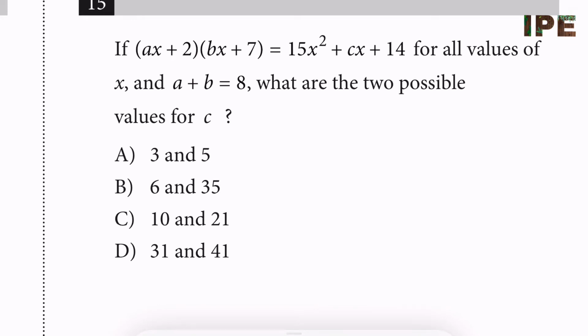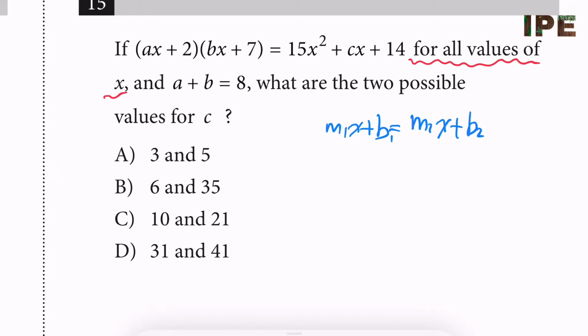If (ax plus 2)(bx plus 7) is 15x squared plus cx plus 4 for all values of x, those are the keywords. If the equation is true for all values of x, and it's a quadratic or linear equation, that means the left side and right side should be perfectly equal to each other. For example, there are 2 linear functions, m1x plus b1 equal to m2x plus b2.